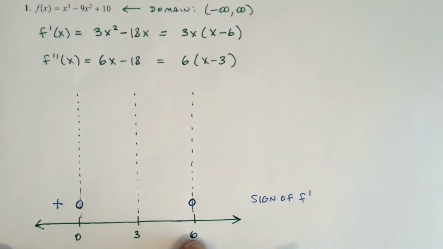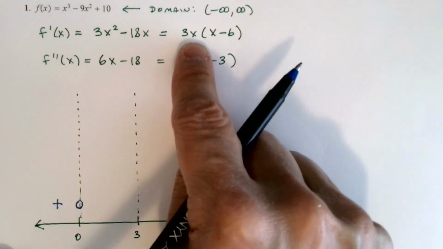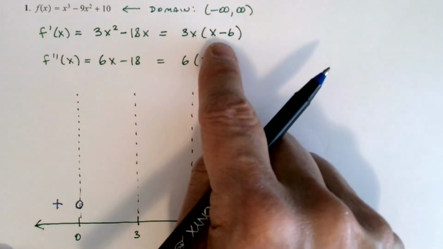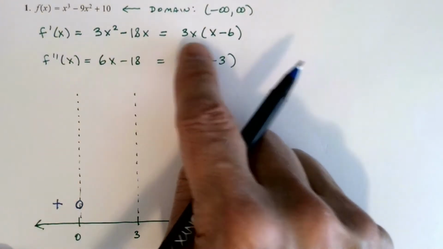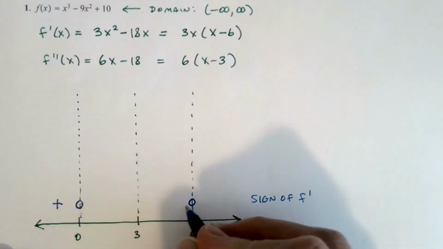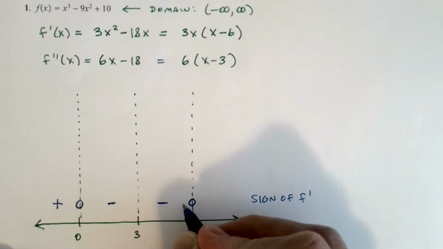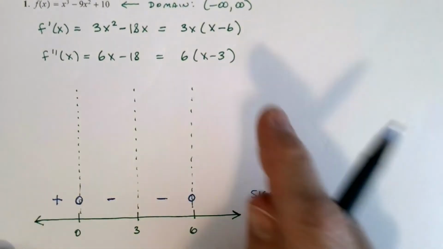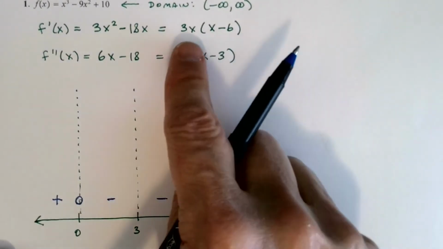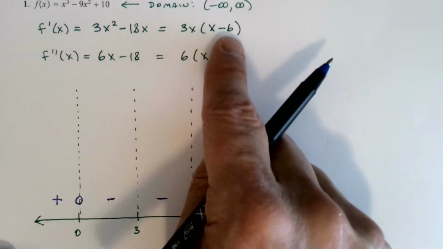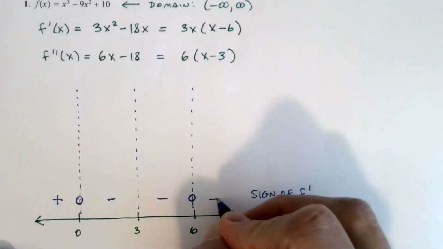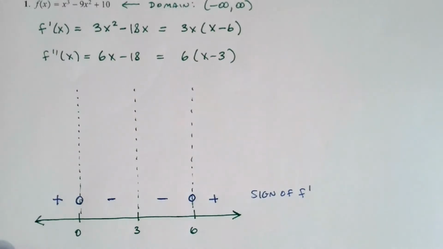Between 0 and 6, it's the same sign. For instance, if I plug in 3, 3 times 3 is 9, and 3 minus 6 is -3. Positive times negative is negative. So it's negative in this whole interval, in this interval and this interval. And then for values greater than 6, like 7, I get 21 times 1, I get a positive result. So there's the sign of f prime.